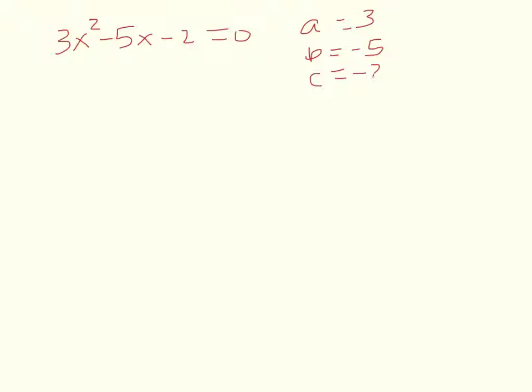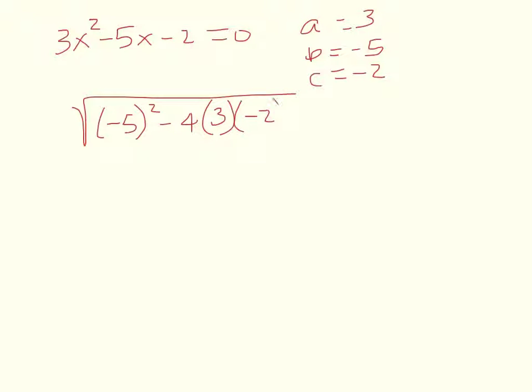Okay, let's take an example. Let's say we have the equation 3x squared minus 5x minus 2 equals 0. All right, well, a equals 3, b equals negative 5, and c equals negative 2. So our discriminant would be b squared, or negative 5 squared, minus 4 times a times c.